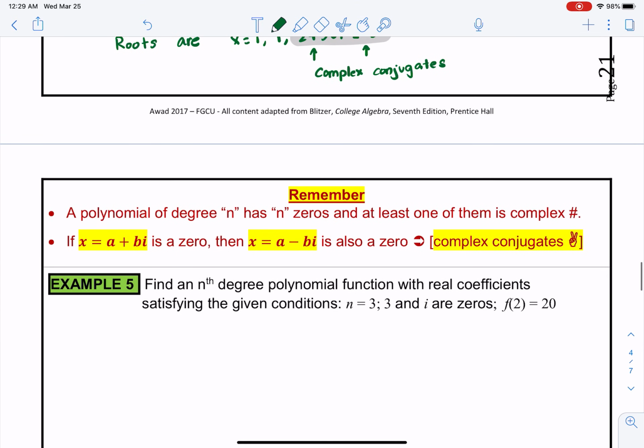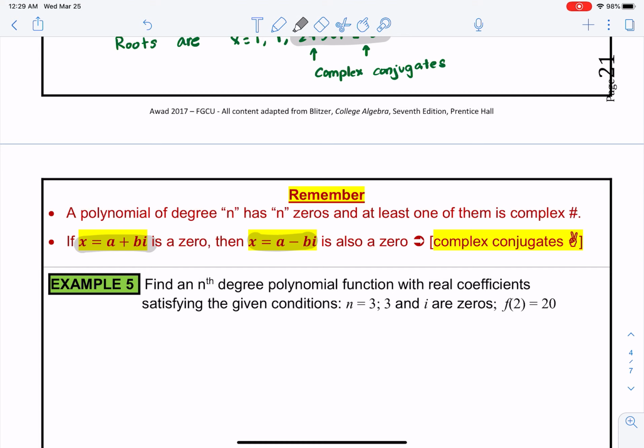So the pointer over here simply reiterates what I mentioned. If you have a complex root, the other root has to be complex, and it has to be a complex conjugate. So for every complex root, there has to be a conjugate root. For every complex zero.